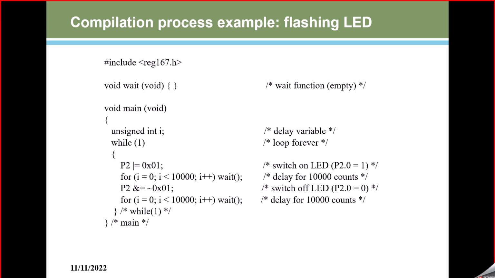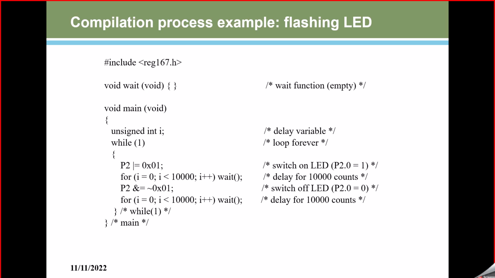TCON, SCON, TMOD, and P0, P1. These are the port registers, and control registers like TCON, SCON, the serial control register, the timer control register, TMOD, the timer mode register. These are all the registers available in this header file. That header file will be included here.